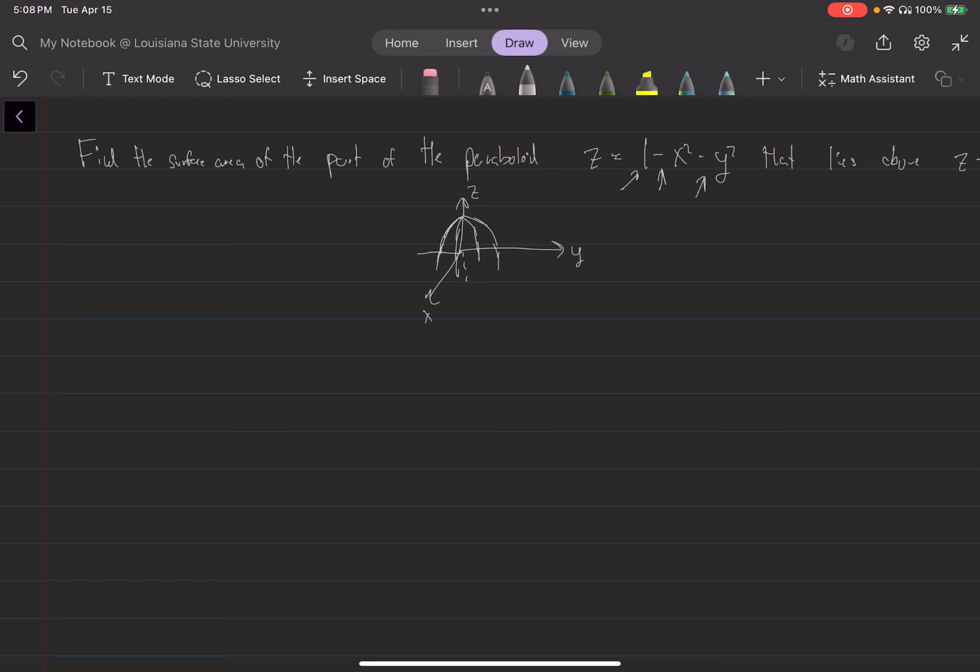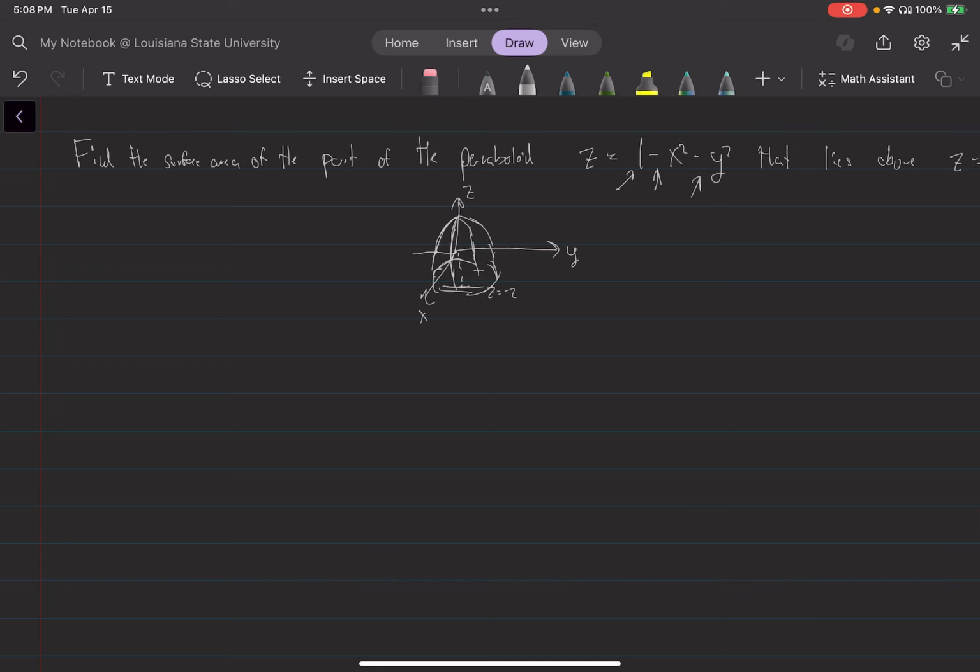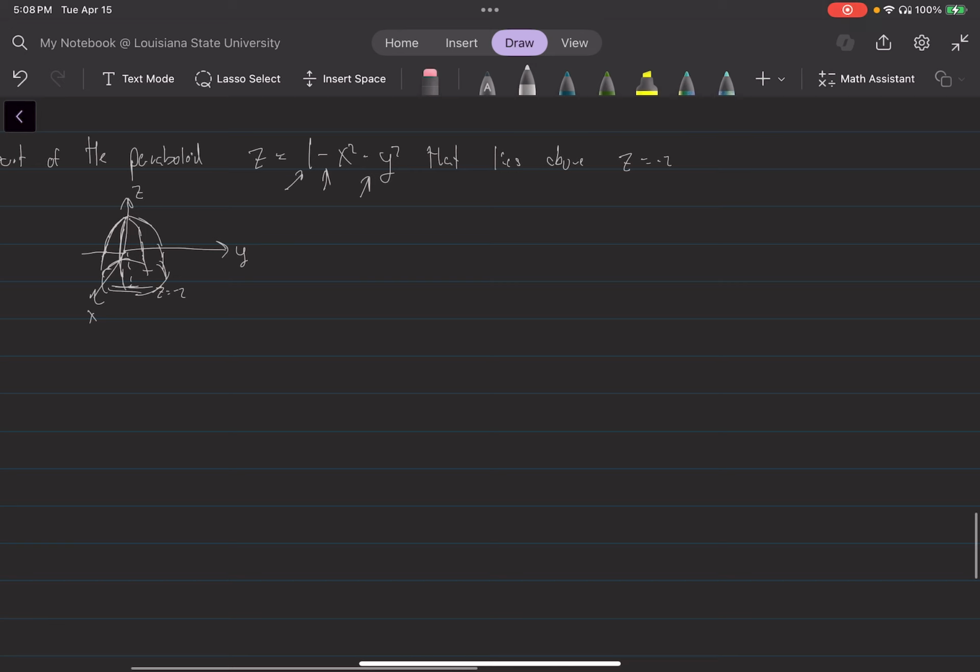And then if you have the plane at -2 for z, we could see that it intersects at some circle. Now, I'm not the best at graphing, but we could see that's where it intersects.